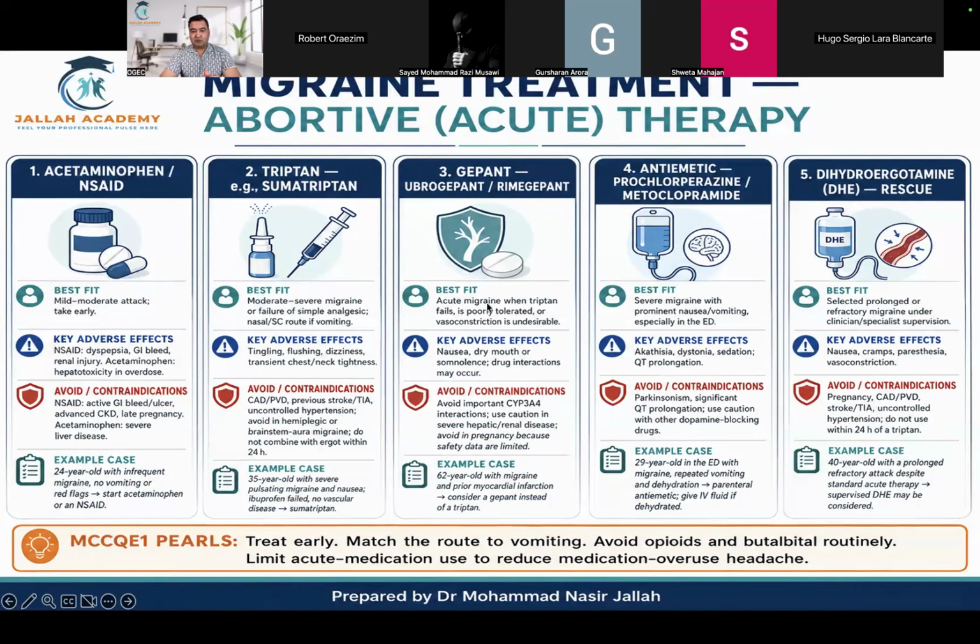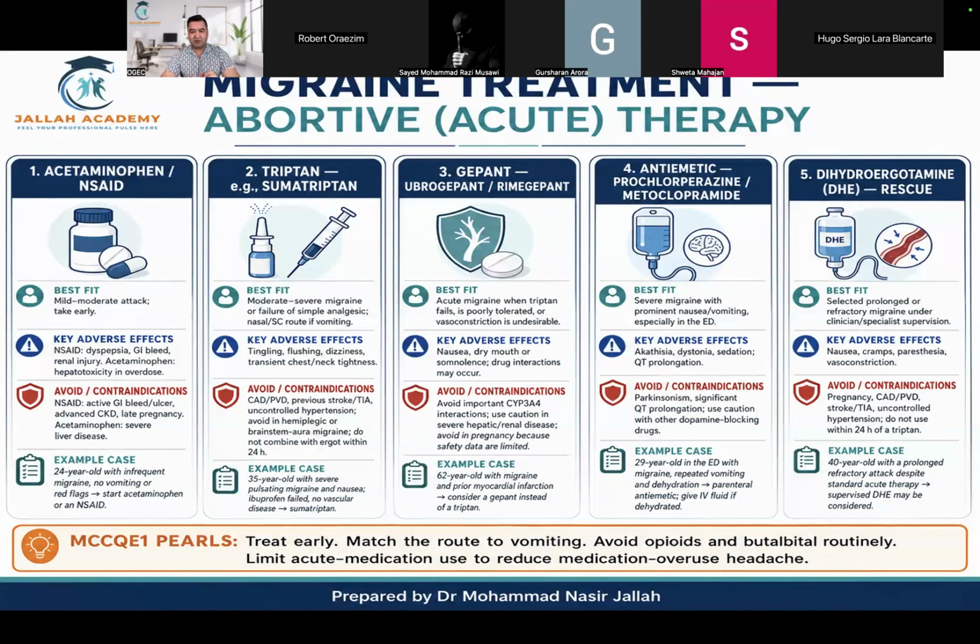Best fit for acute migraine when the triptan fails, is poorly tolerated, or vasoconstriction is undesirable. So a 62-year-old with a migraine and prior myocardial infarction, consider a gepant instead of the triptan. Antiemetic, if the patient has vomiting.